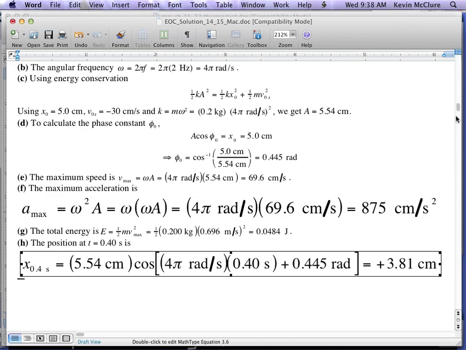You see, because the 1/2 kx squared, that's potential energy. Does that make sense? Wait, 1/2 kx squared is potential energy? Yeah, potential energy in a spring, the elastic potential energy. I'm trying to remember. I'll look it up again. Okay, other questions?